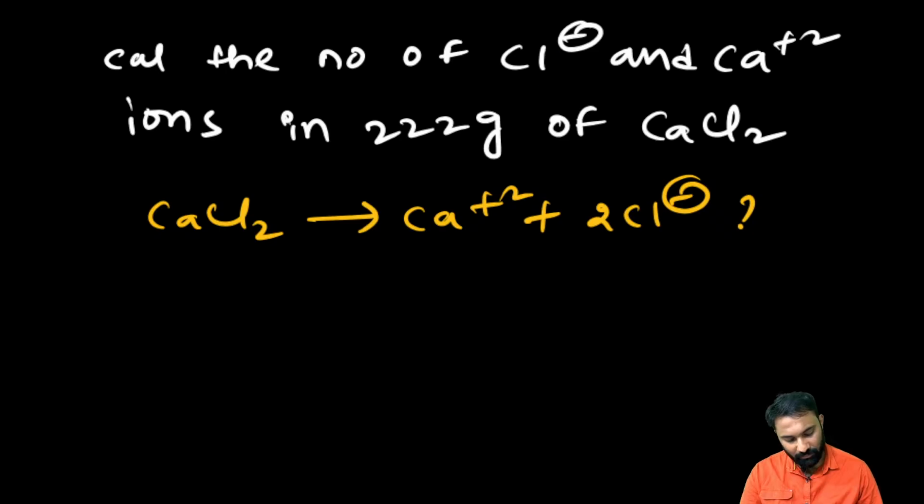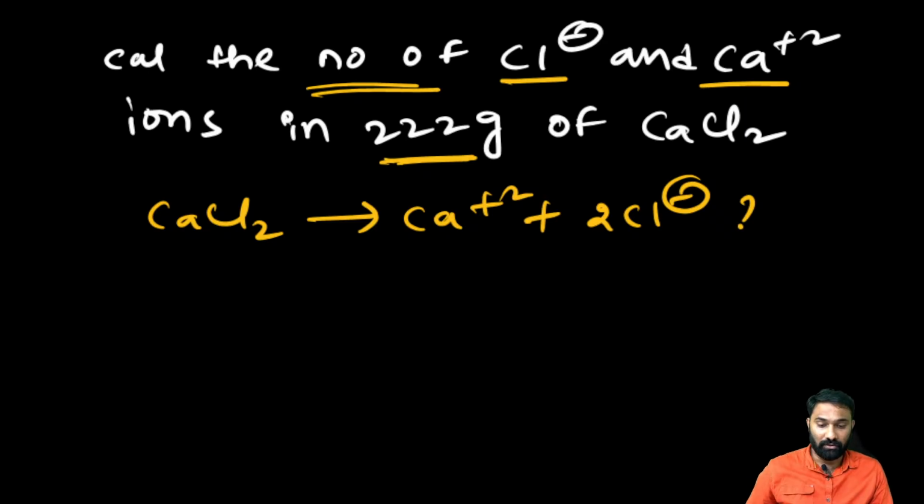So 1 mole contains Avogadro number of ions. Here he has given the weight and is asking the number of ions. What is the answer?